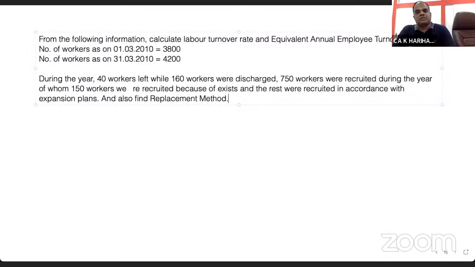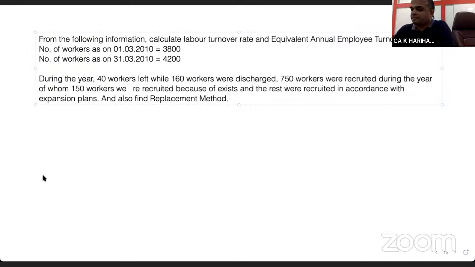So, find labor turnover. We can directly go for labor turnover. Shall you try? In the requirement of the question, find the labor turnover, also find the replacement method. Listen here.